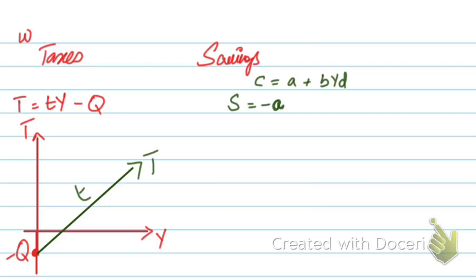So minus A. On the other hand, B is the marginal propensity to consume, right? If B is the marginal propensity to consume, then the marginal propensity to save is 1 minus B, of how much will I save of my income. So this will be plus how much I save from the leftover income, 1 minus B of the remaining income.